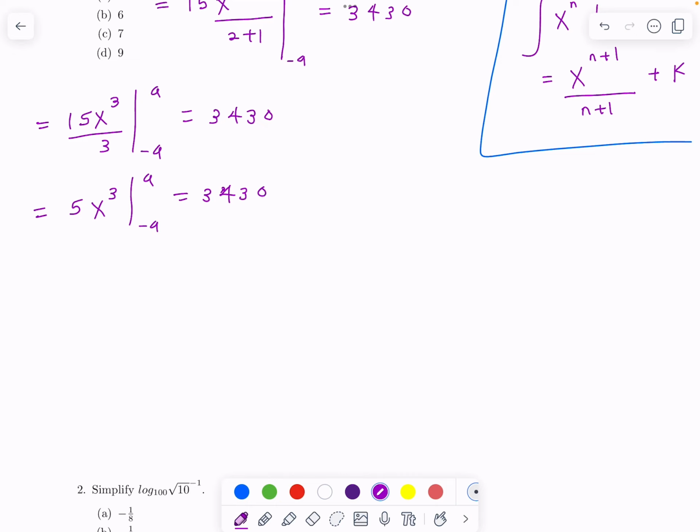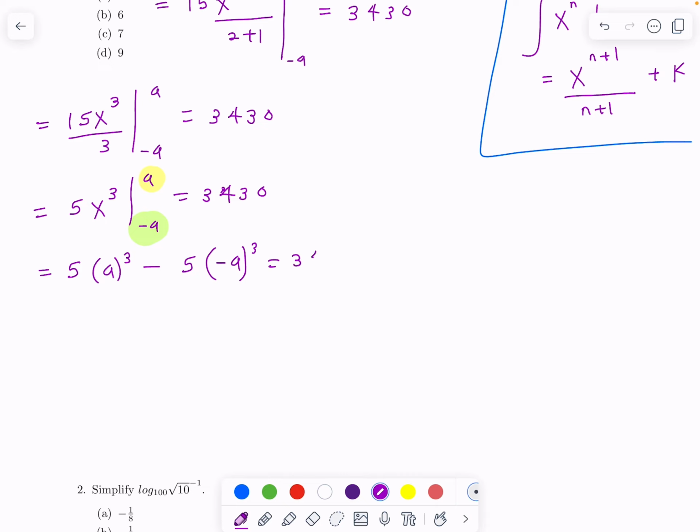If you have a definite integral like this, you plug in the upper limit first, which is a. So if you plug in a, you have 5a cubed minus, then you plug in the lower limit, which is negative a, so 5 times negative a cubed.